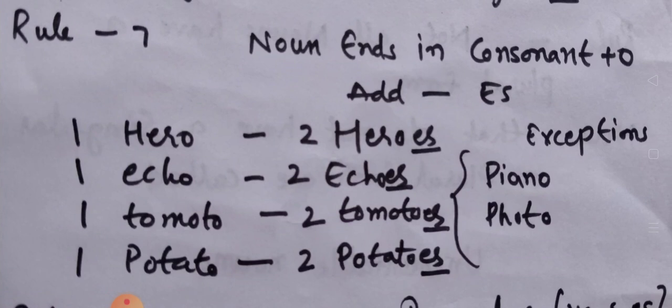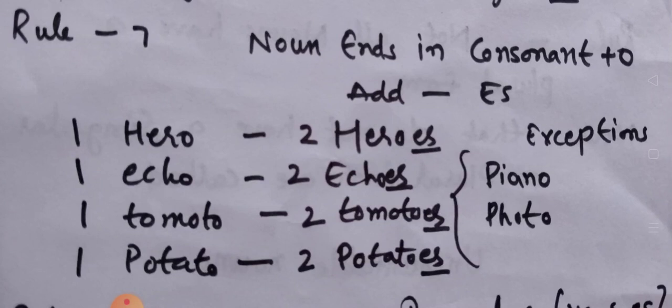But still, students, you know very well that there are always some exceptional cases. Exceptional cases means where these kind of rules will not be followed. For example, if you can see carefully, piano, your last alphabet is O, but just before O, your second last alphabet is N, and N is a consonant.